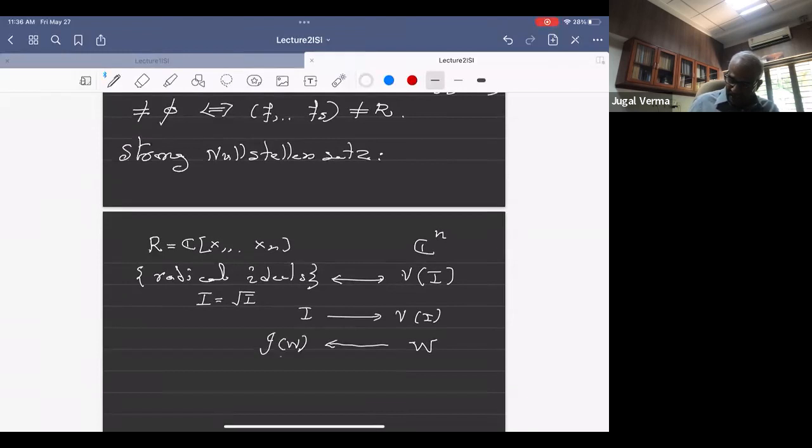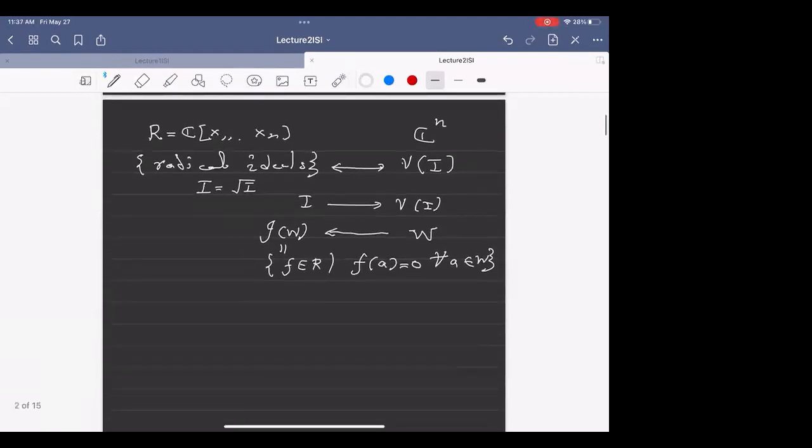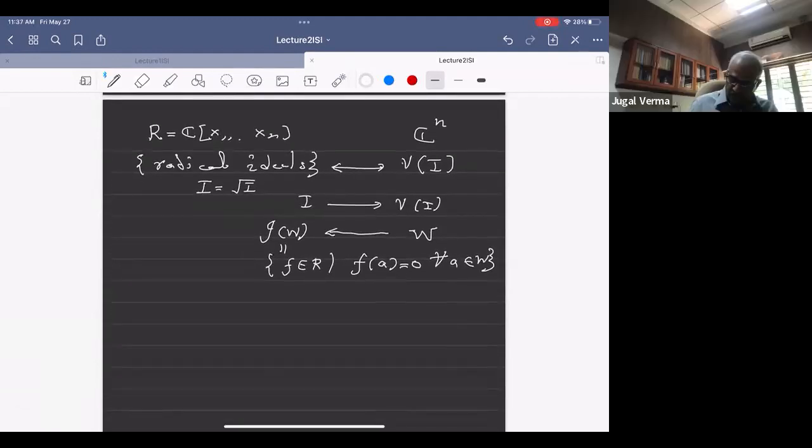The ideal of an algebraic variety is a radical ideal. It consists of all polynomials which vanish at every point of A. And this is a one-to-one correspondence.